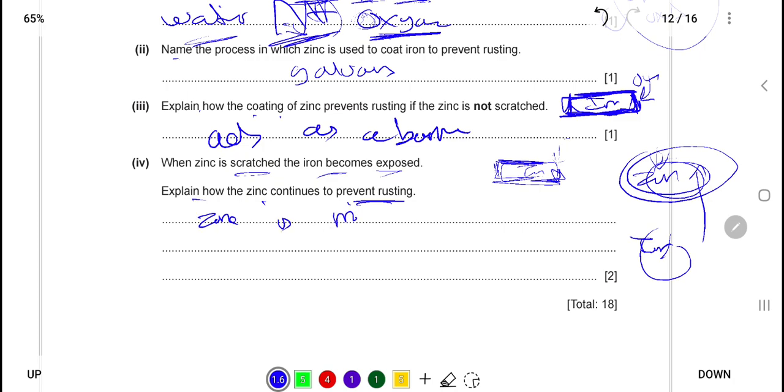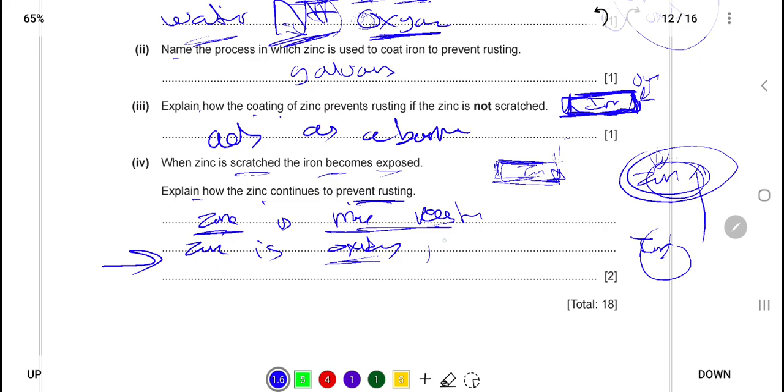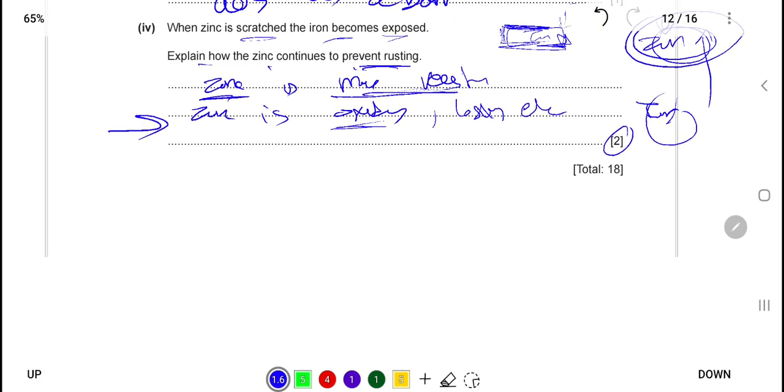Zinc is oxidized. Give your reason first: zinc loses electrons because it is more reactive. Then say zinc is oxidized, meaning losing electrons, or write that zinc loses electrons instead of iron because it's more reactive. You'll then have the 2 marks.